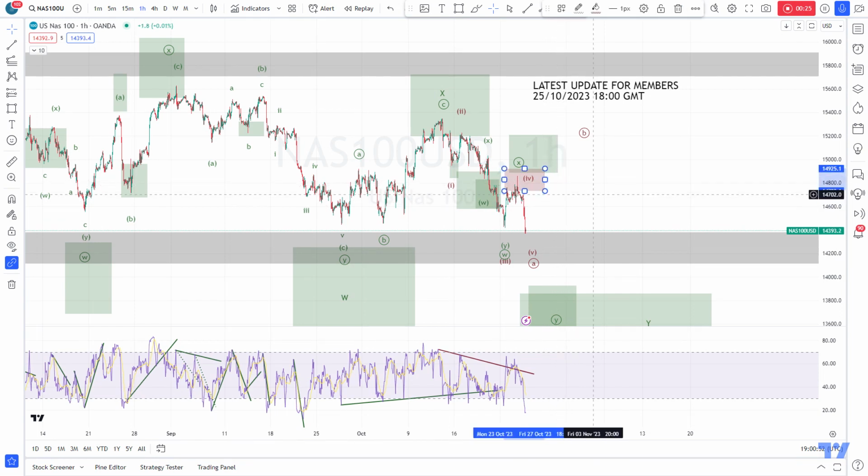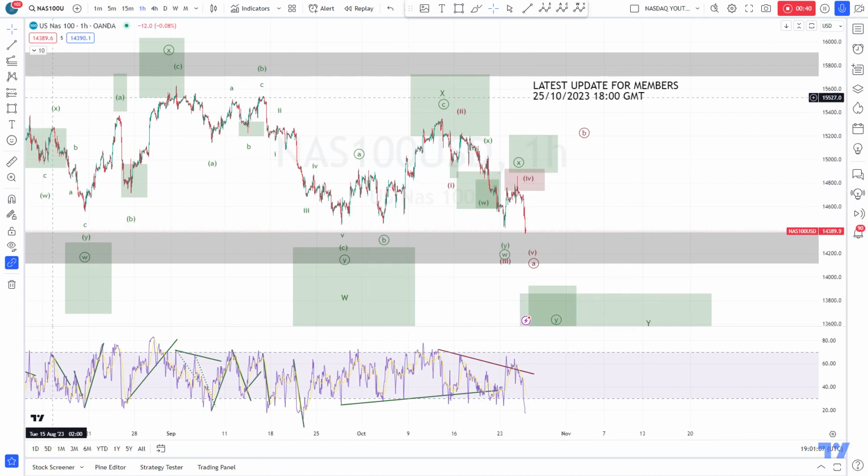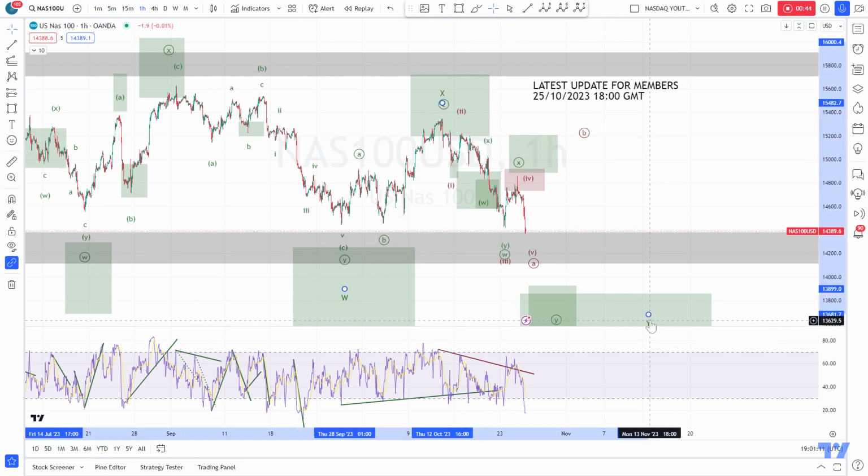We reacted from this wave 4 area right here, and so now it looks like we are having this fifth wave down. So from here we had a WXY structure.